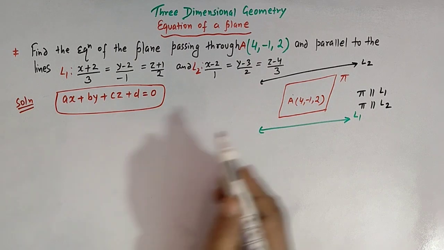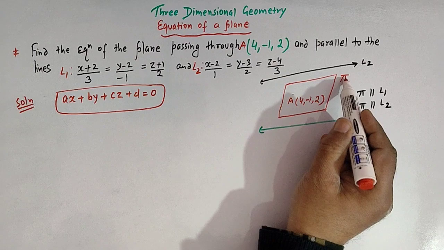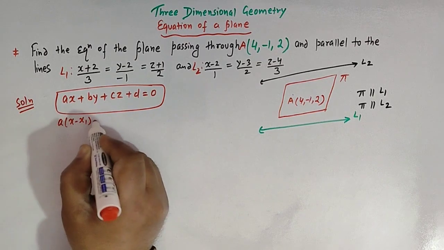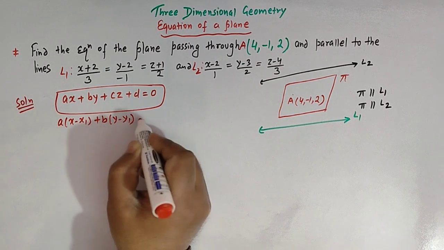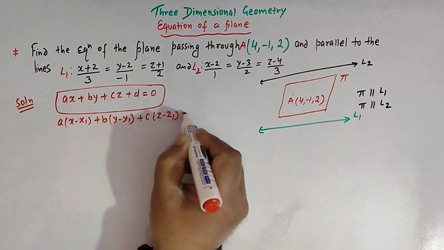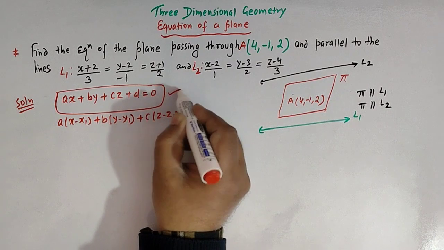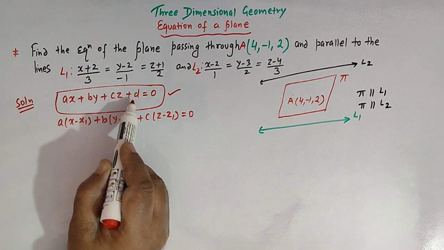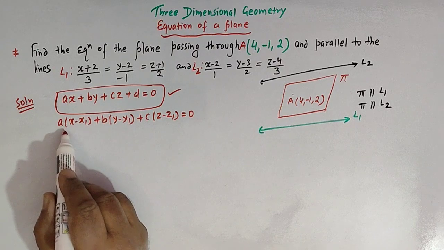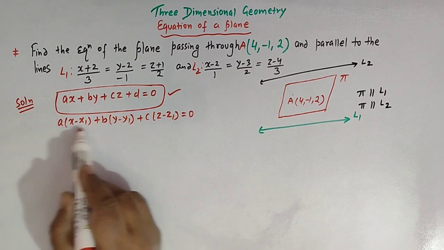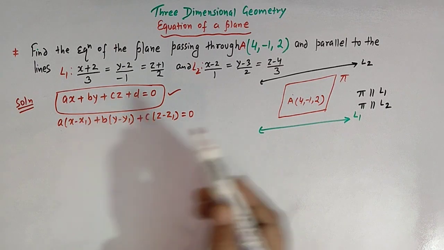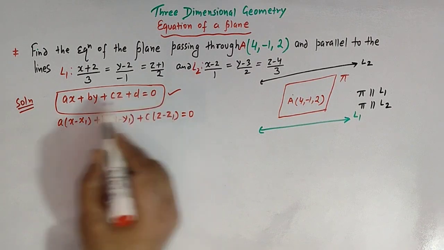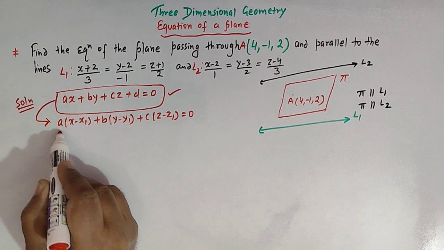Now if we know a point on the plane, then we can modify this equation as a(x - x1) + b(y - y1) + c(z - z1) = 0. In the first form we have four unknown constants, A, B, C and D, but in this equation we have only three parameters, A, B and C. Once we know the coordinates of a point lying on the plane, we can modify the equation to this one.